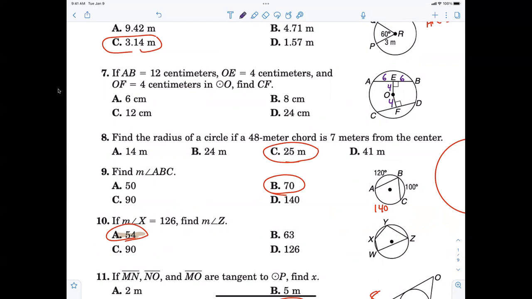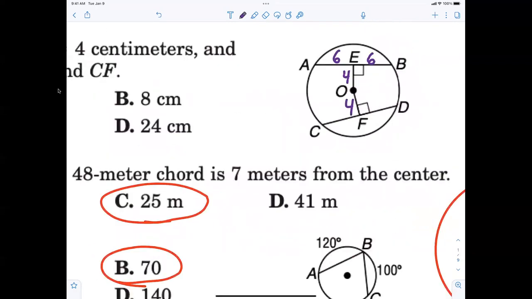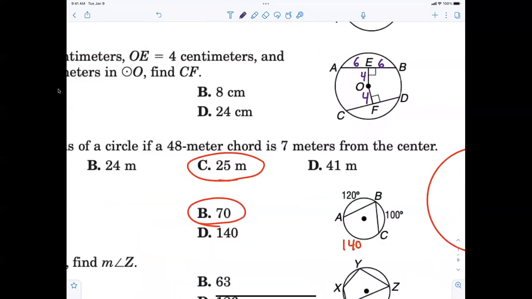CF has to be what? You might tell me? 6, right? Because they are the same distance from the center of the circle, that means AB is congruent to CD, which means CF is congruent to AE.